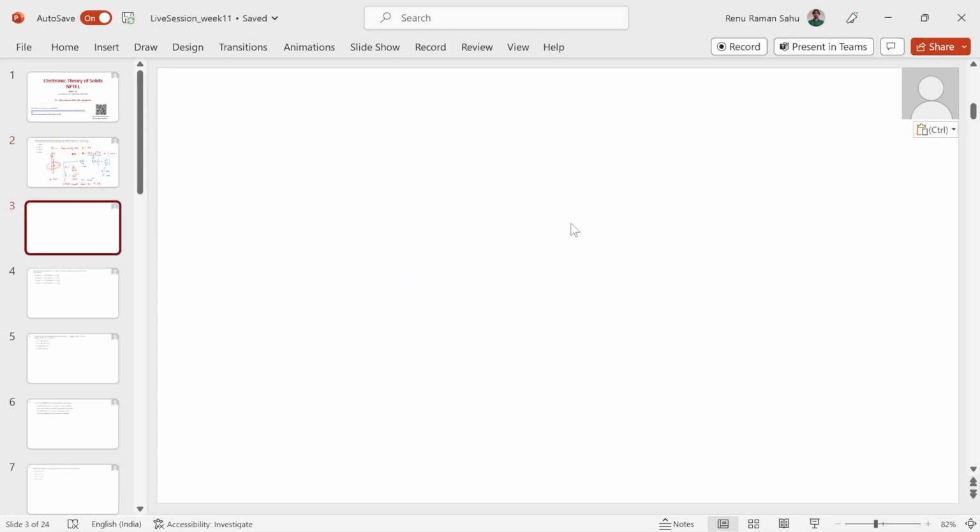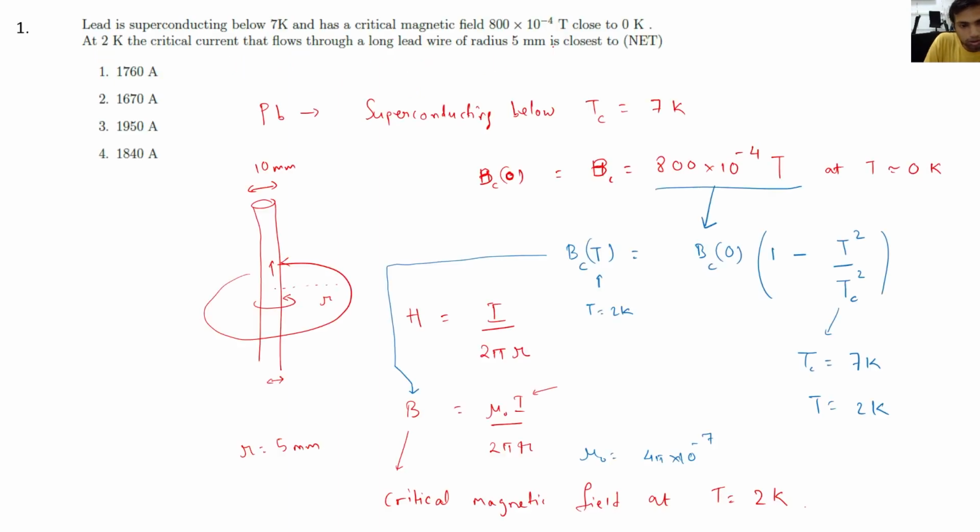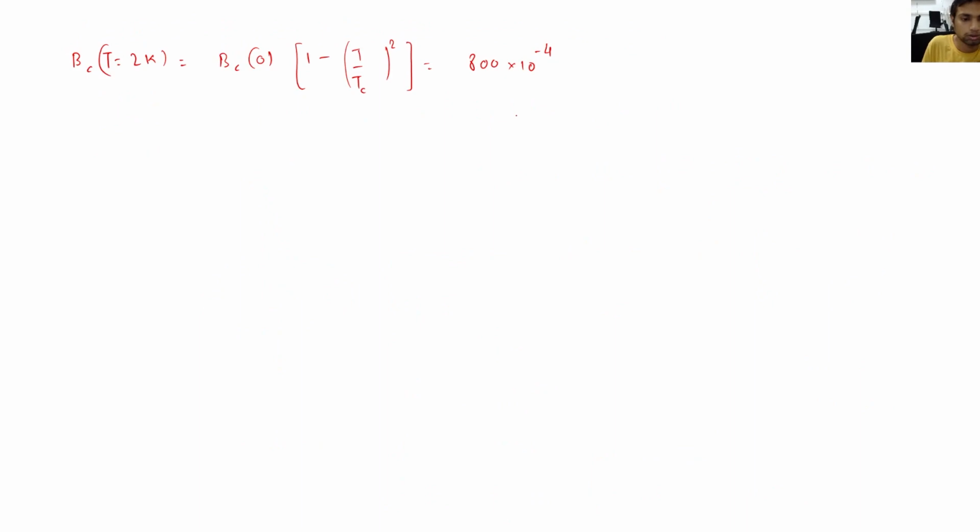Our first step is to find the critical magnetic field at 2 Kelvin. So B at T equal to 2 Kelvin is given by B at 0 times 1 minus T over Tc whole square. So this was 800 into 10 to the power minus 4 Tesla, and this is 1 minus 2 Kelvin over 7 Kelvin, whole square, in Tesla.